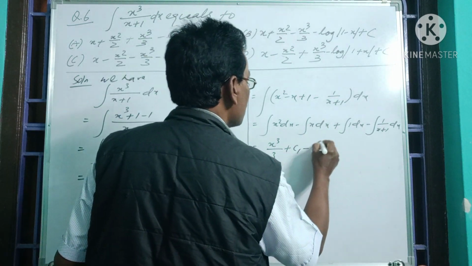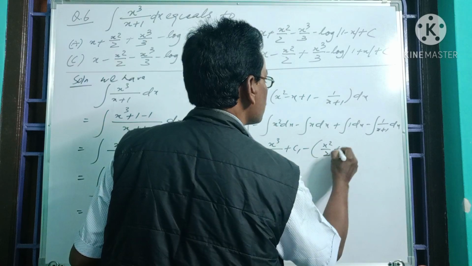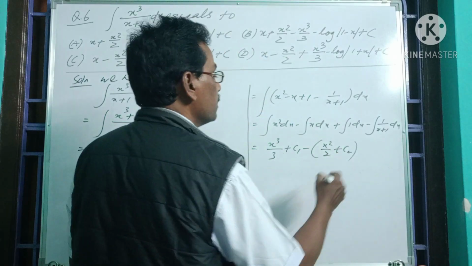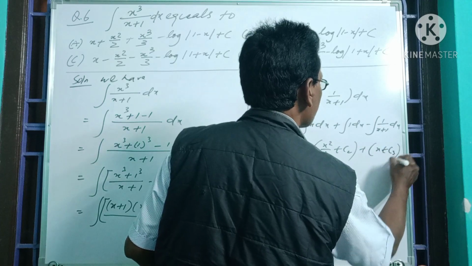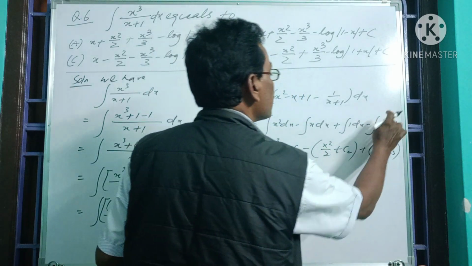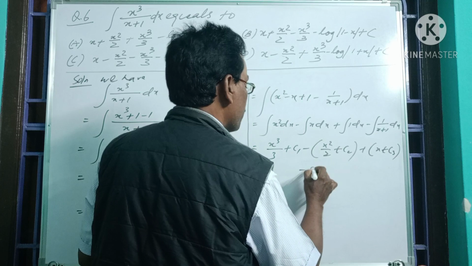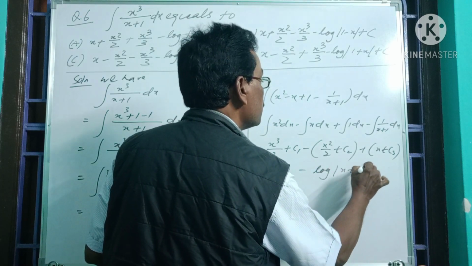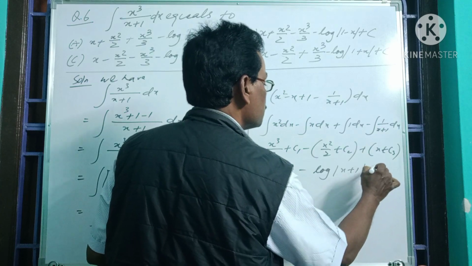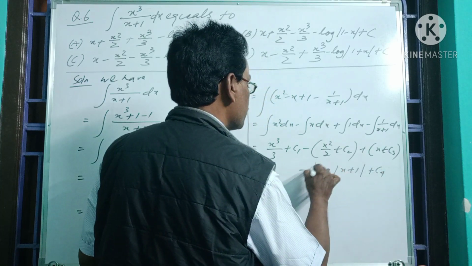Integrating x we have x square by 2 plus c2, the second constant of integration. Integrating 1 we have x plus c3 as constant of integration. Finally integrating 1 by x plus 1 gives us minus log of mod x plus 1 plus c4 as the last constant of integration.